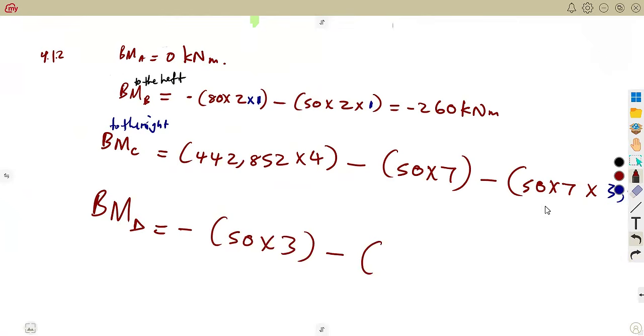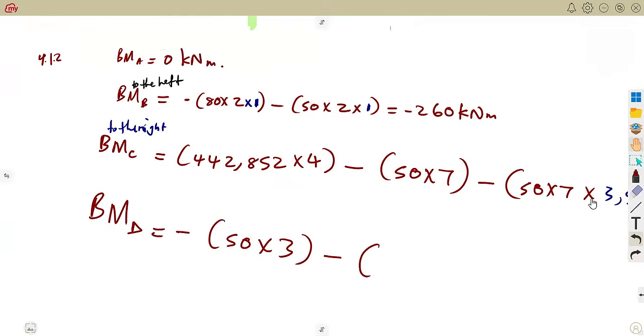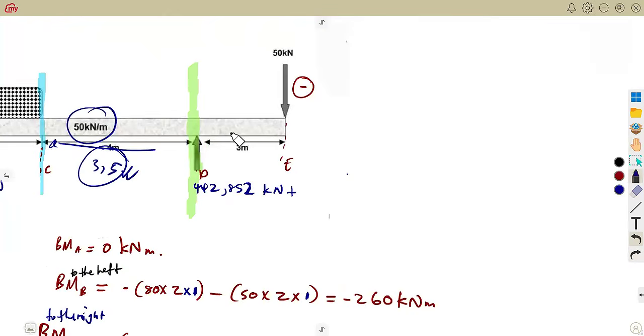There is a distributed load here, so it's going to be negative, the right side of D here. There's a distributed load, the 50 kilonewton per meter, this one, covering how many meters? Covering 3 meters. So that's 50 times what? 50 times 3, which is 150 kilonewton.